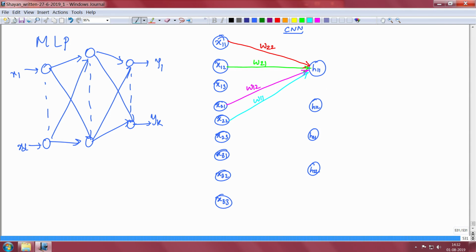So, these are the connections that we can write from the input layer to the next layer weighed by different parameters.